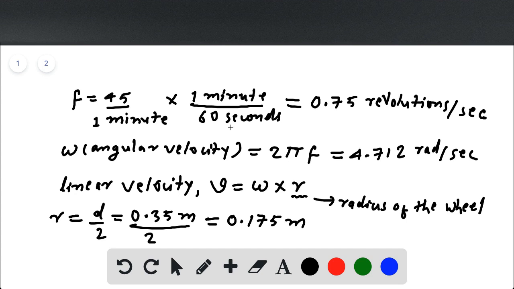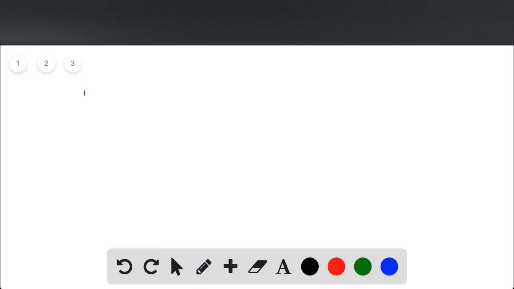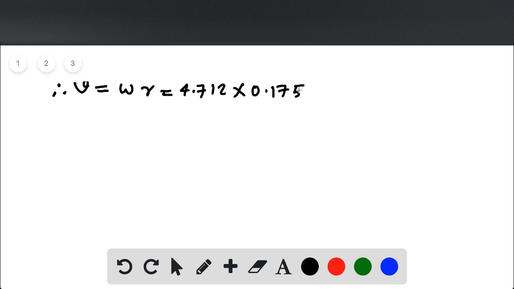Based on that, the linear velocity v equals omega r, which is 4.712 times the radius, 0.175.